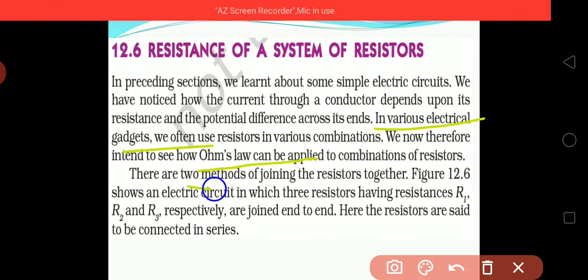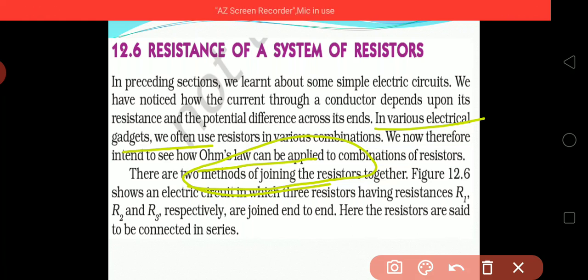Two methods of joining resistors are there. In the electric circuit, three resistors having resistances R1, R2 and R3 are joined end to end.